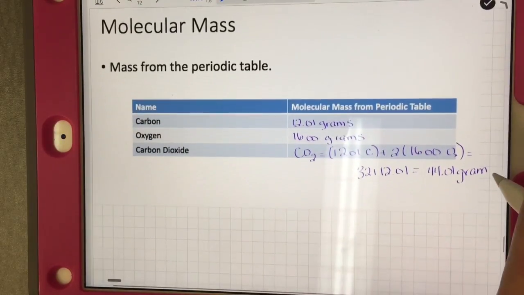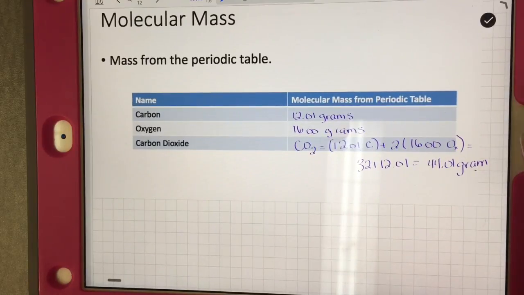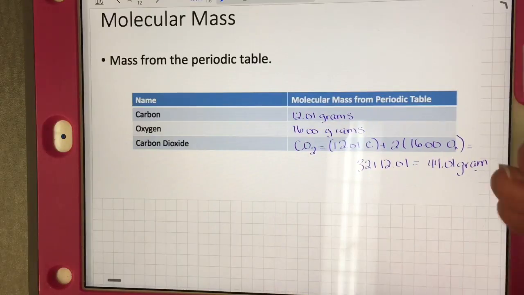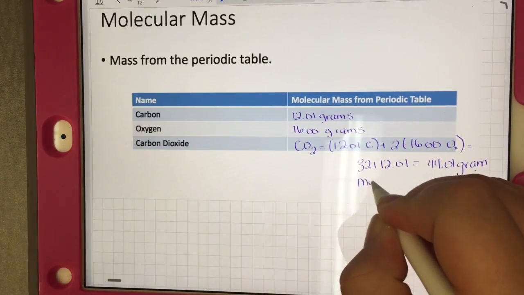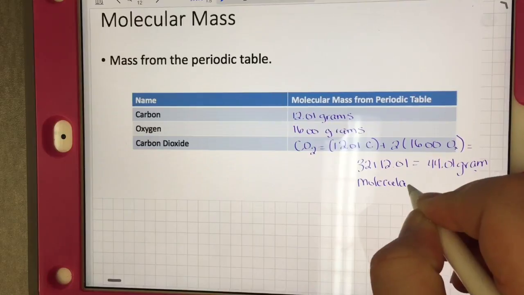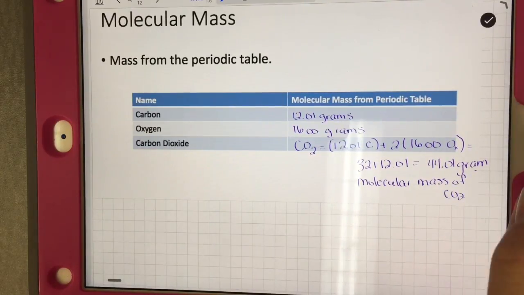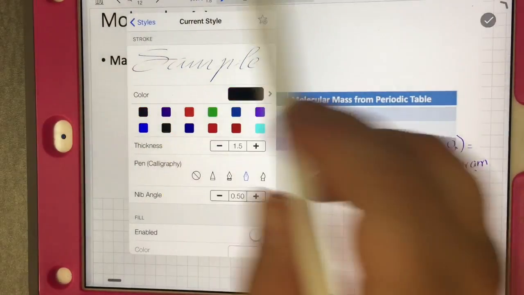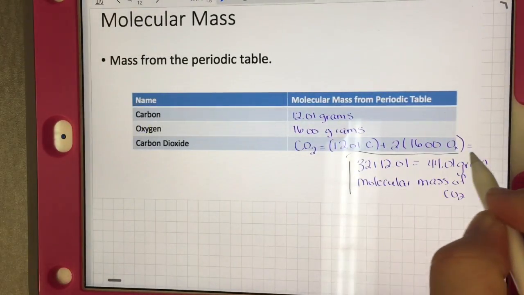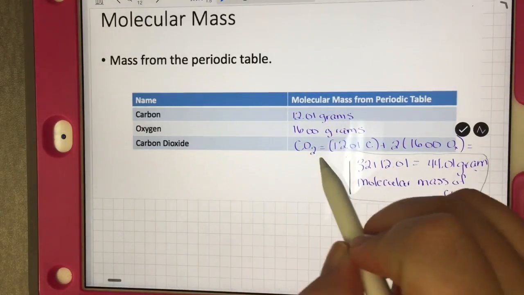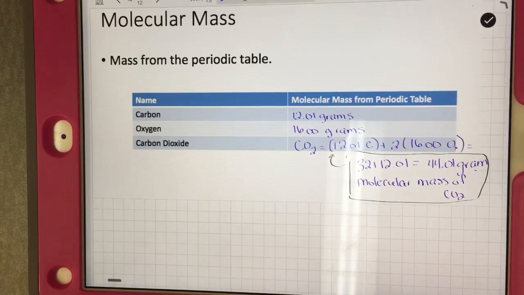And that is the molecular mass of carbon dioxide. This is our final answer for this problem. So we're simply just adding the weights together from the periodic table.